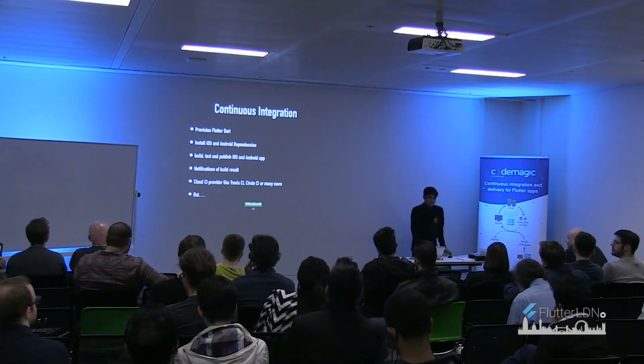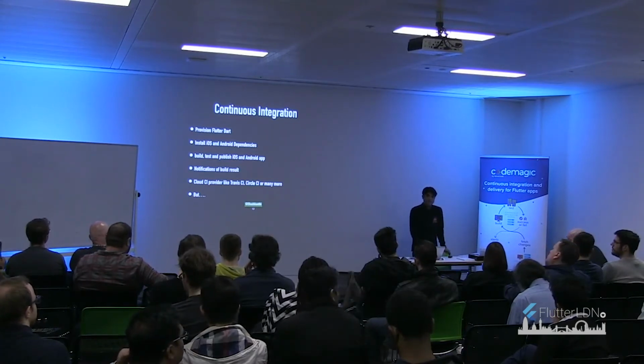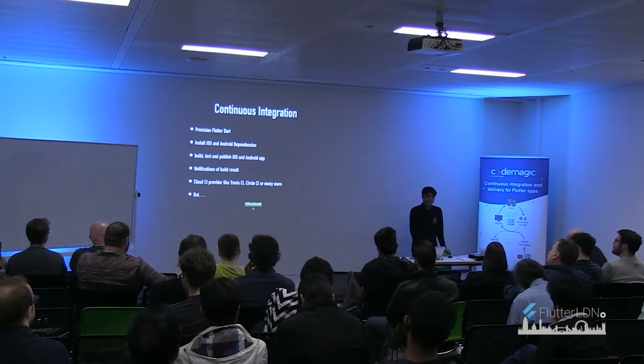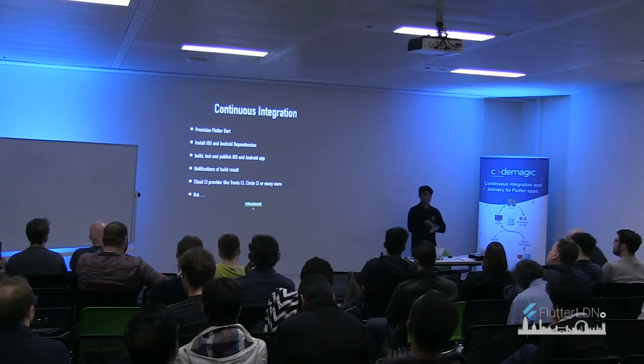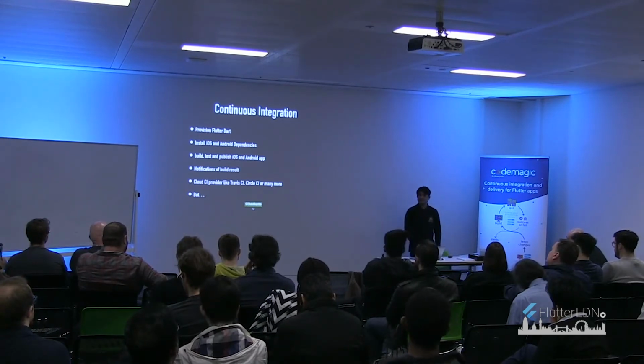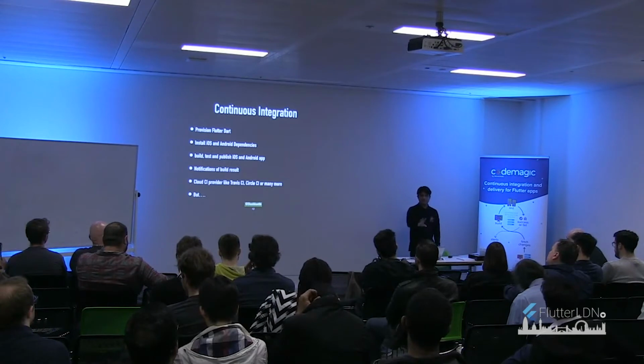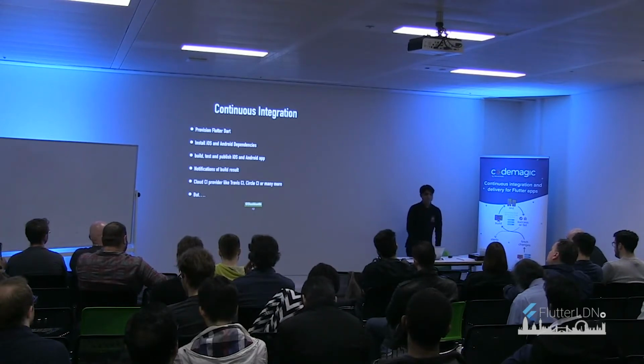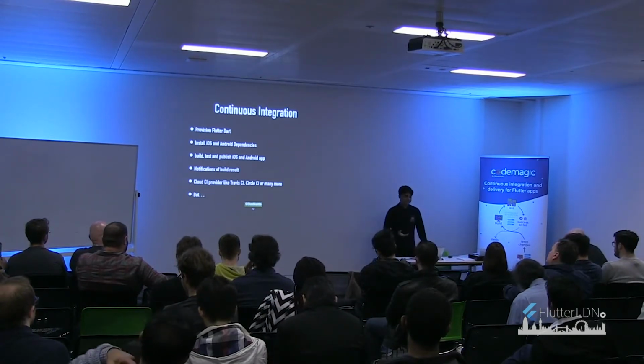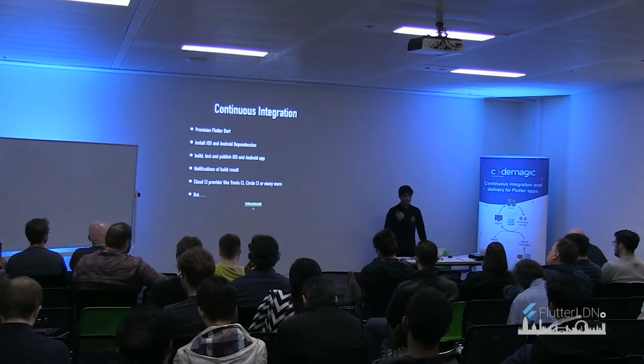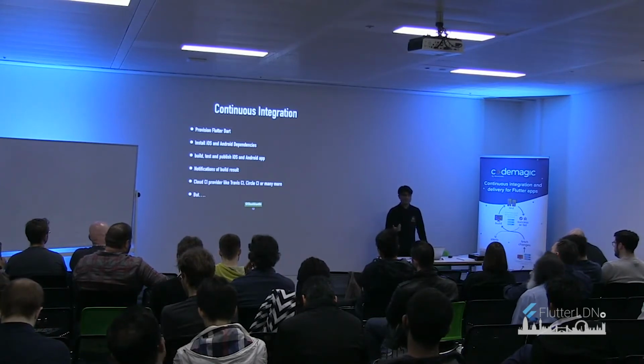So, getting your Flutter app on CI: imagine you've got a totally blank machine and you say, okay, run your Flutter app. You have to do lots of things, like provision your environment for Flutter and Dart. You need to get the Dart VM installed on your machine.